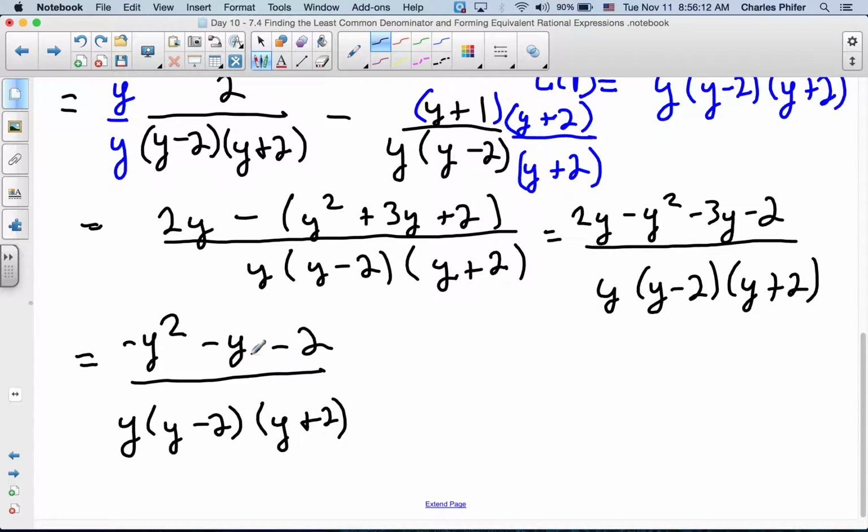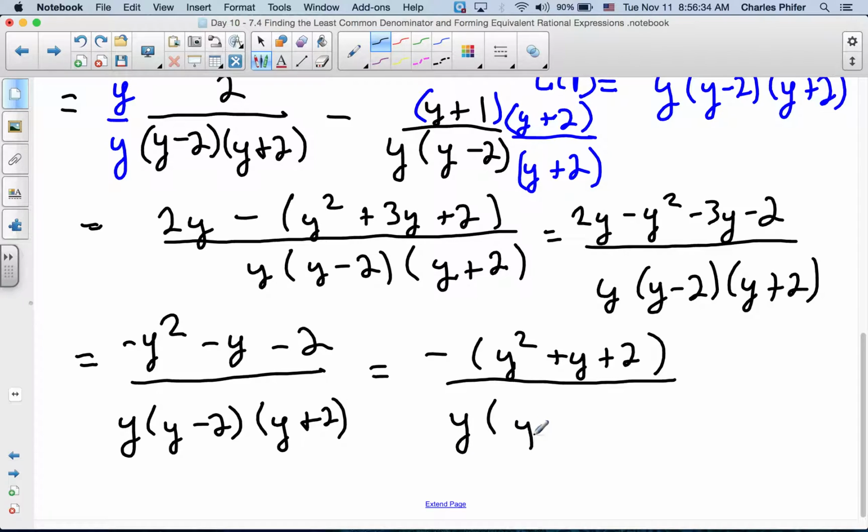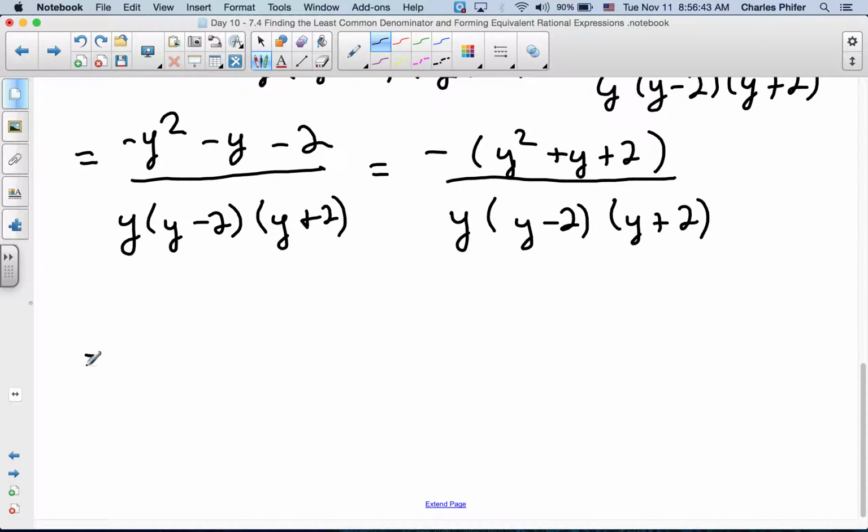Okay, so it looks like that numerator might be able to be factored. I'm going to make this coefficient a 1, so I'm going to factor out that negative 1. So then we're going to have a negative times y squared plus y plus 2. So if you multiply back, you should get the original. Then I'm going to keep the denominator y minus 2, y plus 2. Okay. Now let's see if we can factor that numerator.